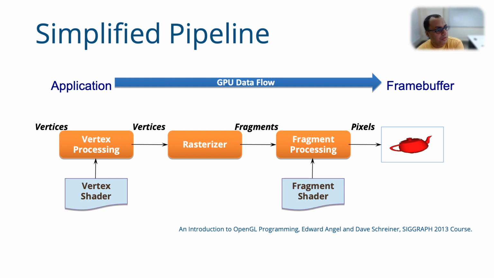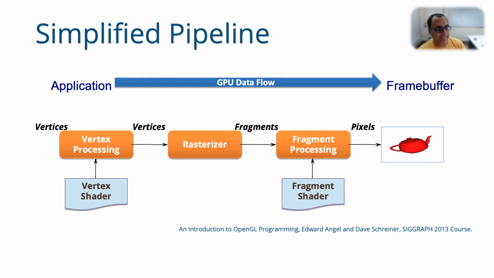It takes in vertices, and on every vertex that comes in via a buffer, the vertex shader operates. Then the vertices are assembled into primitives and sent to the rasterizer. The rasterizer generates fragments, and then on every fragment in the fragment stream, the fragment shader operates, and then you finally get pixels on your screen.